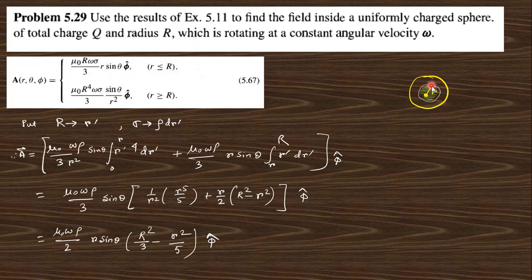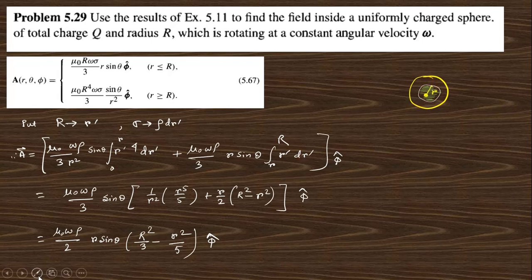When we take a point, for this sphere this is an outer point, and for this shell, this is an inside point. So for this one, from 0 to r, you need to put in this value for the outer point. Here r is the radius of the sphere, which will be r prime. And the charge density within this sphere will be rho times dr prime.